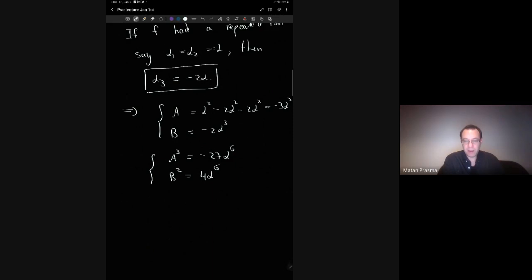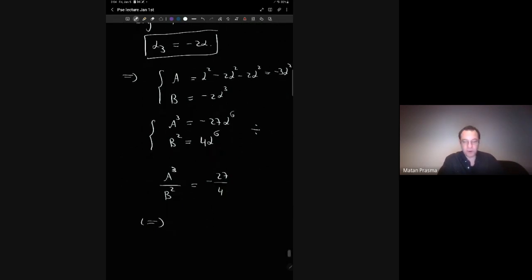And now I can simply divide the first equation by the second equation, and I get A cubed over B squared equals minus 27 over 4, which is of course equivalent to simply saying that 4A cubed plus 27B squared equals 0.